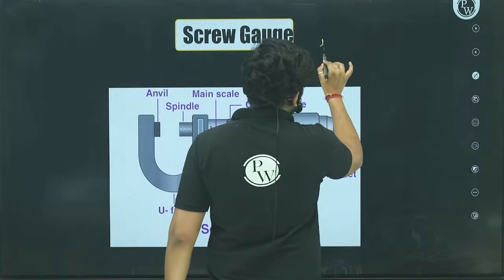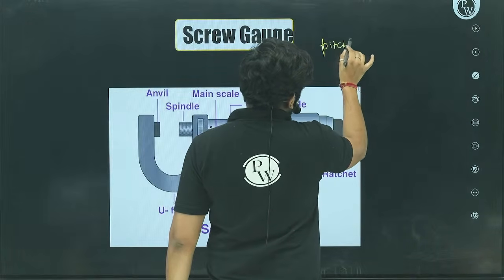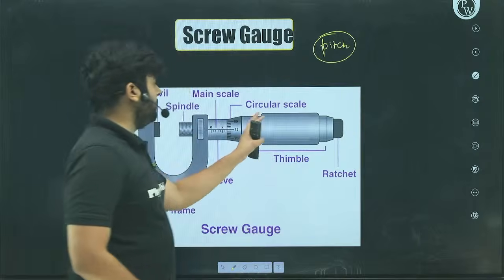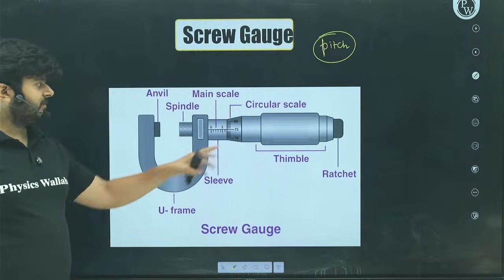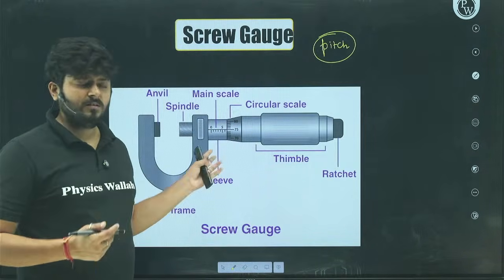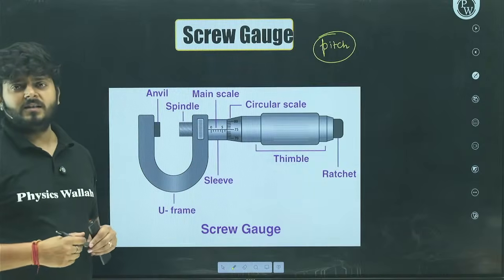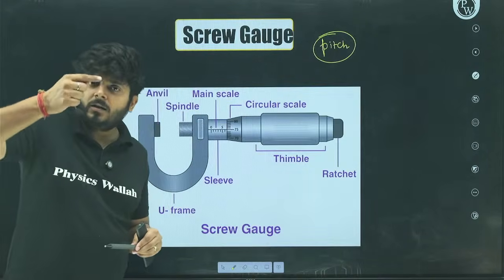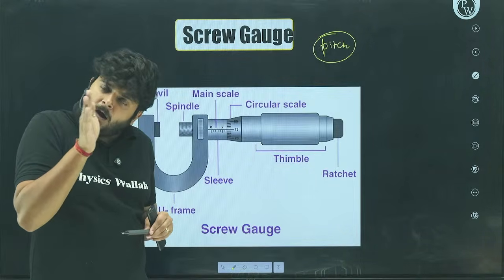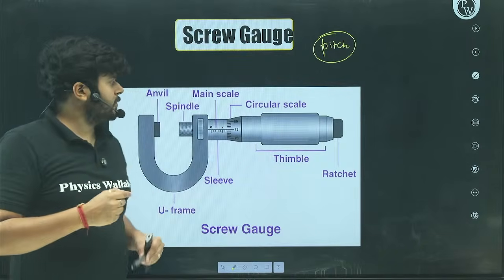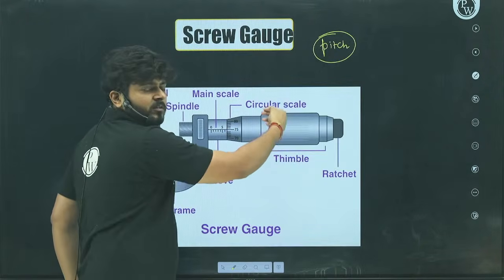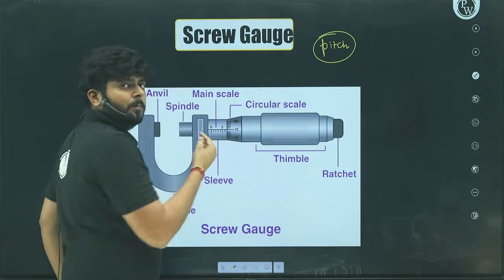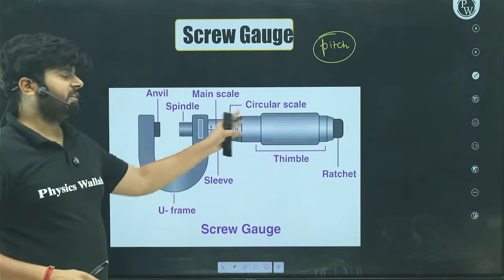How will you define the pitch? All right. So you can say that the pitch of this particular screw gauge is, in one full rotation, how far it goes further, right? So let's say that if you rotate it 360 degree and it moves further by 1 centimeter, its pitch is 1 centimeter.